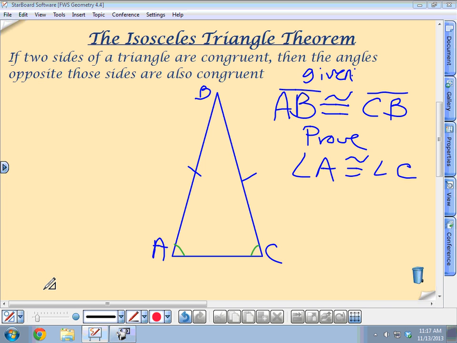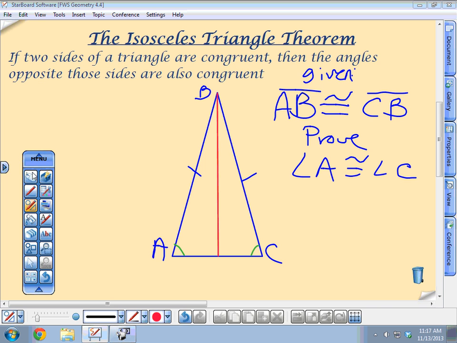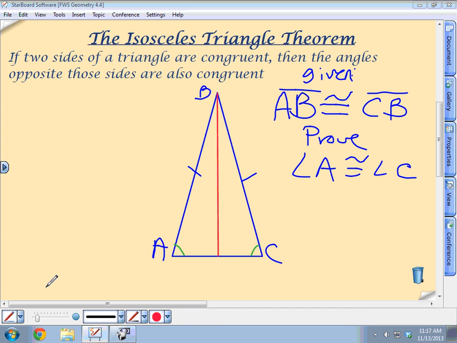Well, let's see. Those two are congruent. You may not see this at first, so this is kind of tough, okay? Bisector. So that means I'm going to draw that, right? Hang on. Got you. So I'm going to draw an angle bisector here.